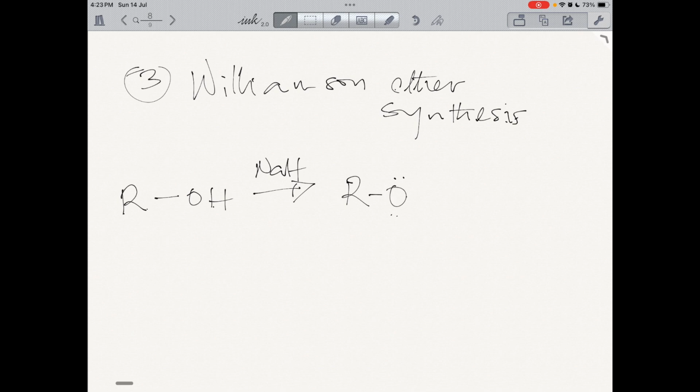So that would first of all lead to the formation of RO minus. This is an alkoxide ion. The alkoxide ion will now afterwards attack a haloalkane or an alkyl halide, say R prime Cl.